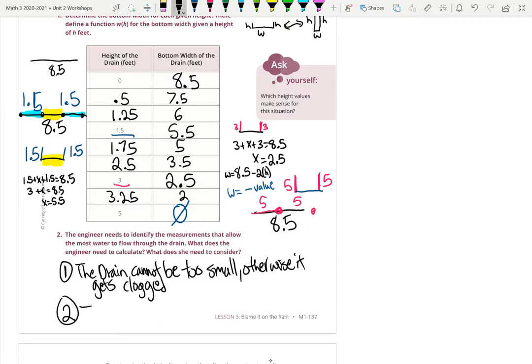Second, the drain has to be tall enough to prevent flooding.